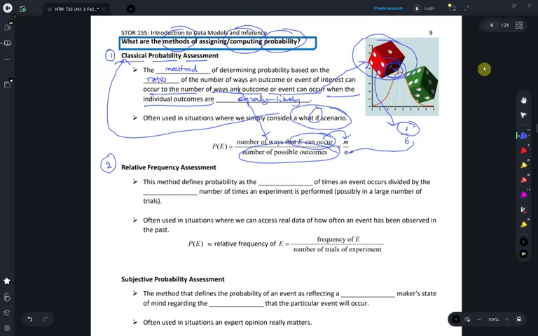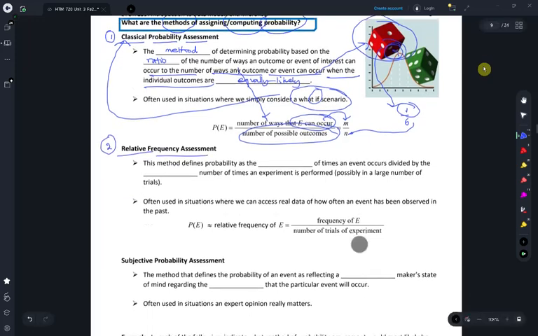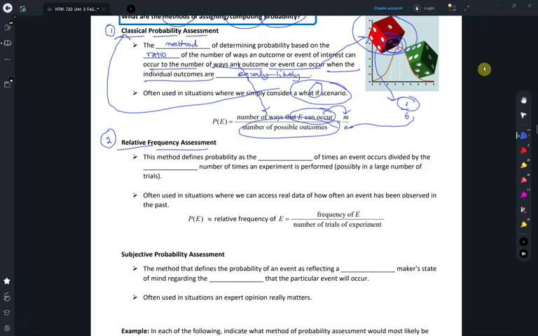Next, you have the relative frequency assessment method, which advocates that we should compute probability as the number of times an event occurs or has occurred divided by the total number of times that experiment was performed, possibly in a large number of trials.